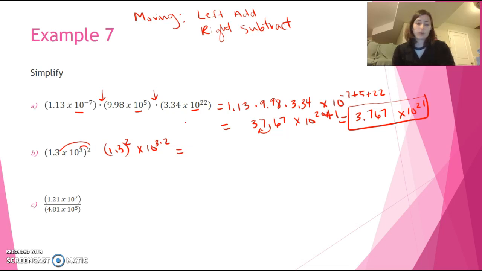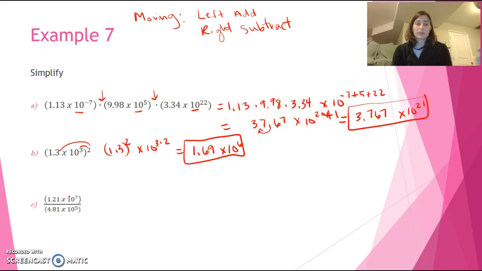So 1.3 squared is 1.69 times, and then 3 times 2 is 6. So times 10 to the 6th power. I'm going to look back. We have one digit, so we're good. I don't need to do any changing. That is how we do it if we are taking a scientific notation to a power.